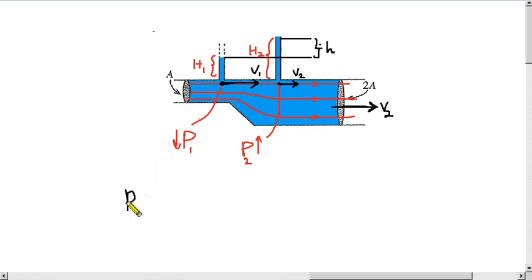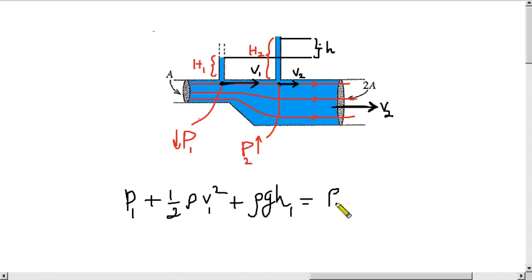What is the Bernoulli equation? P1 plus half rho v1 squared plus rho g h1 equals P2 plus half rho v2 squared plus rho g h2.